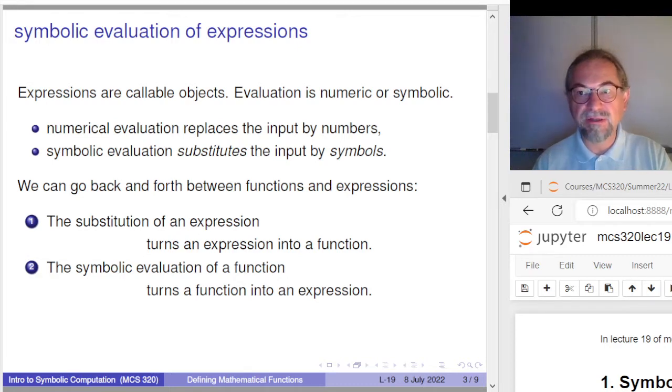If we take an expression and we substitute symbols in there, then that expression can be very easily turned into a function. And the symbolic evaluation of a function, if you evaluate into symbols, you get an expression back.